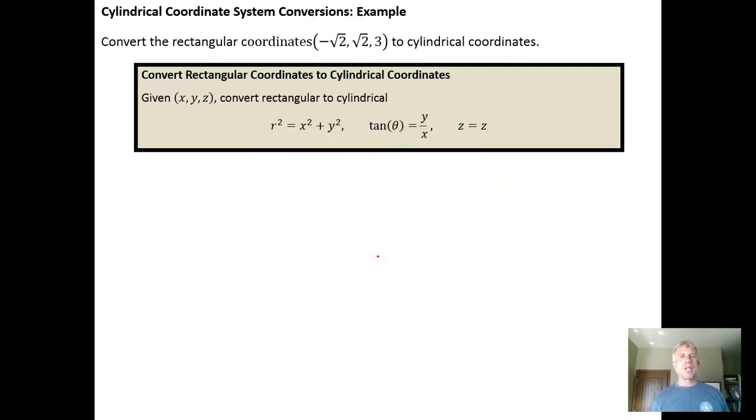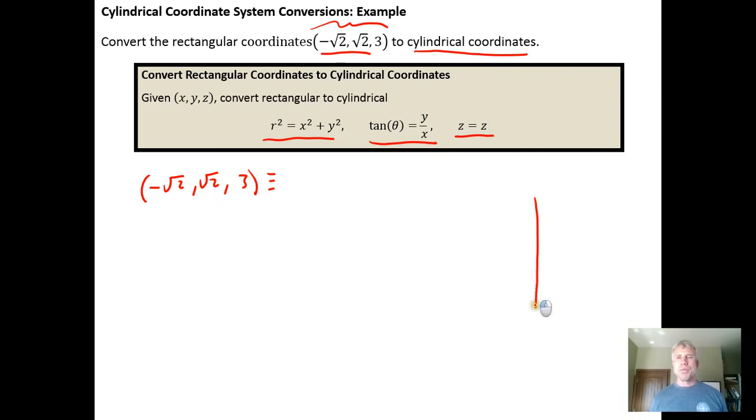So on the next slide we're given a rectangular coordinate and we want to convert into the cylindrical coordinate system. So we're going to use our two relationships coming to us from polar coordinates or trigonometry, and again z is just going to equal z. So we've got negative square root of 2 comma square root of 2 comma 3, and this will be equivalent to, and what we want to recognize is that we're working here in the xy plane. We want to work to get our r and our theta in the xy plane.